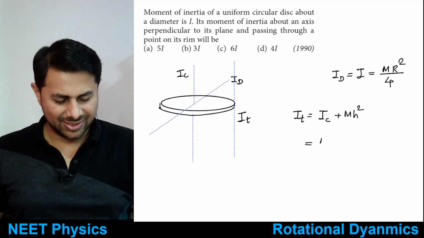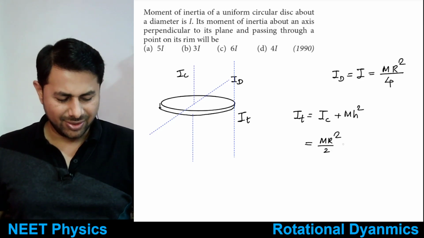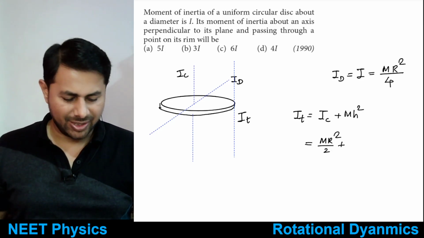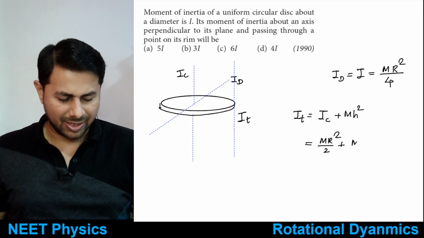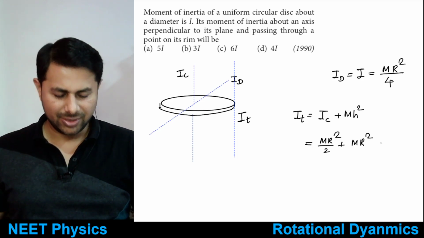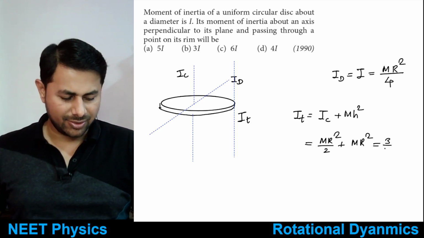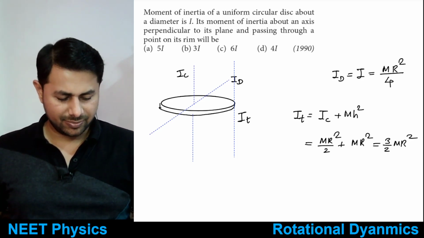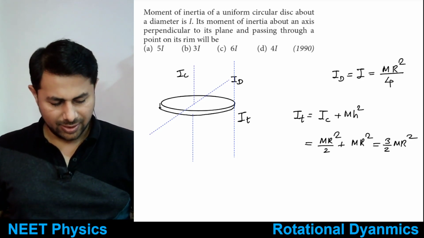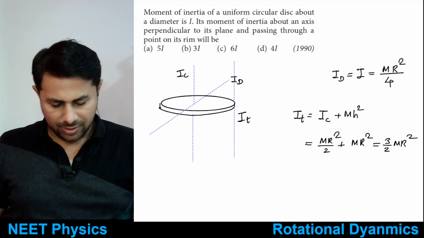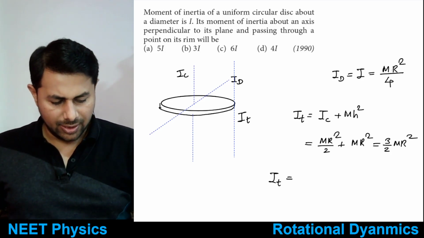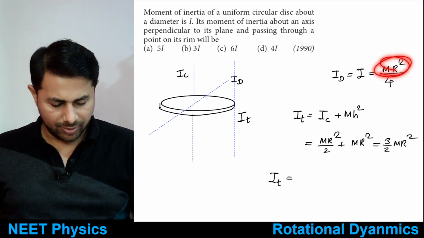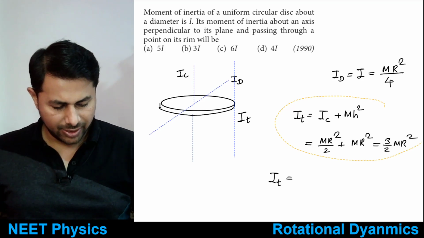So I_C is mr square divided by 2 plus mh square. h is also equal to r, so this is mr square. This thing is 3 by 2 mr square, right? And this is I_T. Now from this, what can you say?